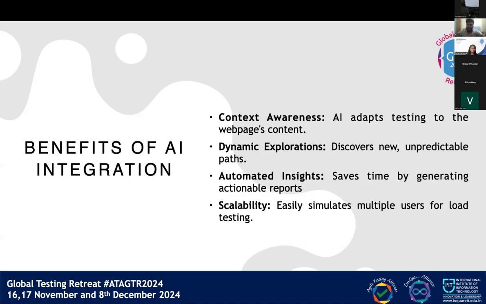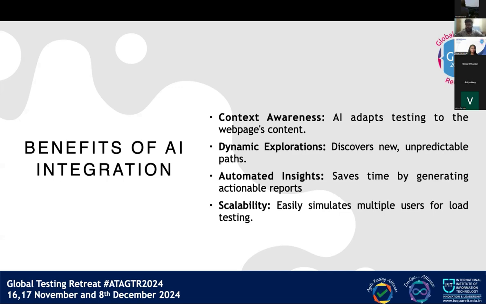So moving on to the benefits of this AI integration, it can have several benefits. Like dynamic exploration, where the AI generates actions in real time, ensuring broader test coverage. And it is efficient too. The automation reduces manual effort, allowing testers to focus on higher level insights.